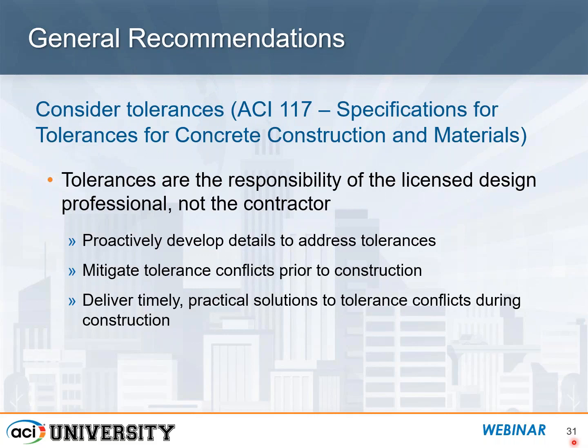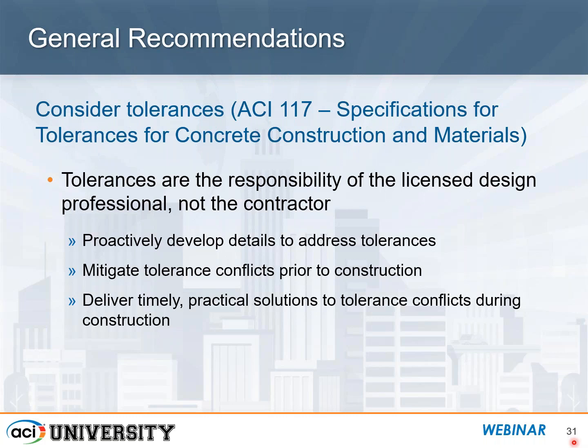I'm sure most of you are aware of the ACI 117 document, Specifications for Tolerances for Concrete Construction and Materials. I can't think of any engineering office that shouldn't have this document. These tolerances need to be considered in basically every situation, any reinforced concrete project that you have.